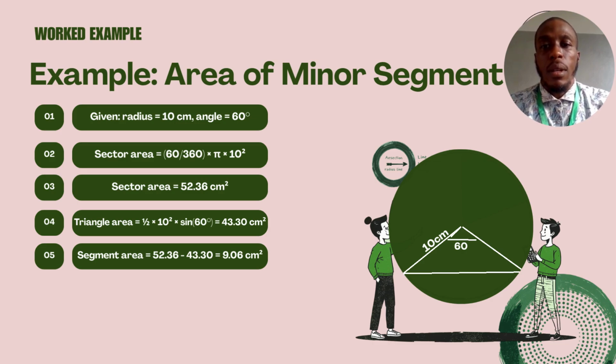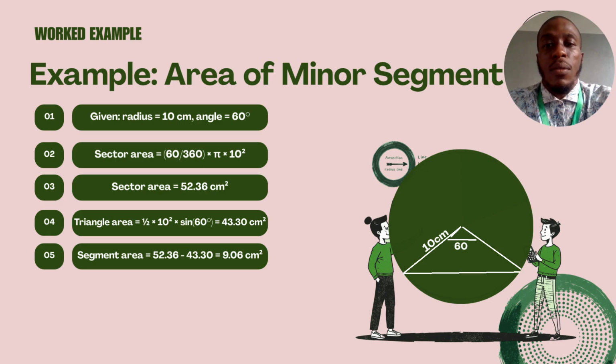Giving an example to find the area of a minor segment, the question goes: if the radius is 10 centimeters and the angle is 60 degrees, we are asked to find the area of the minor segment. How do we find it? Remember, it has to be the sector area minus the area of the triangle.